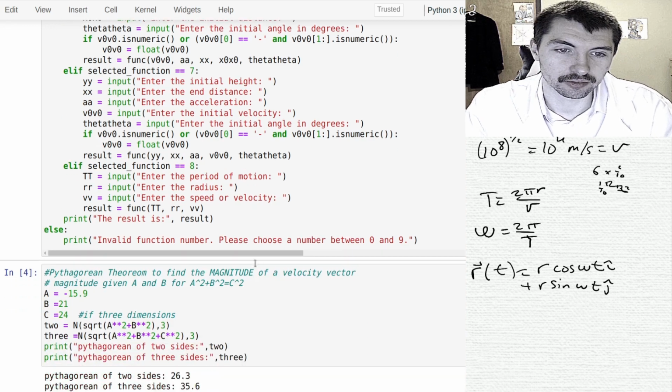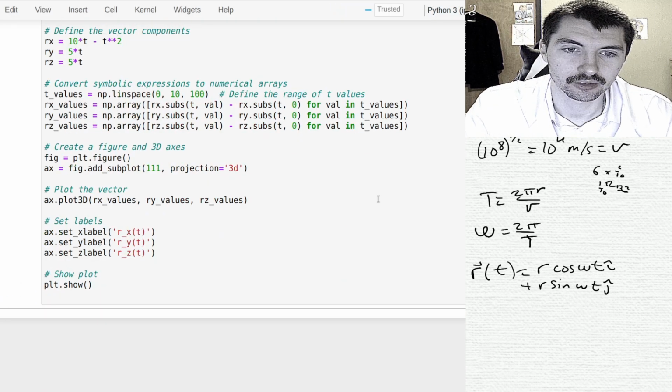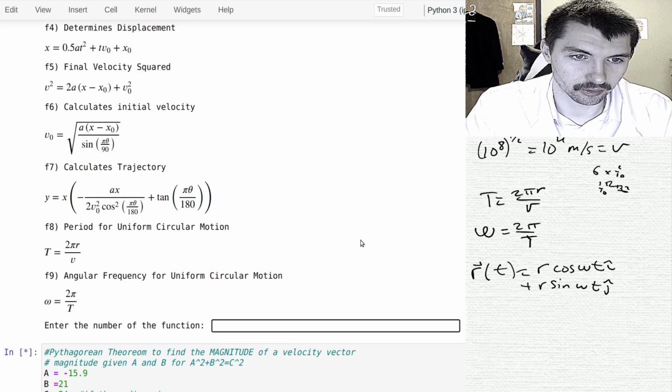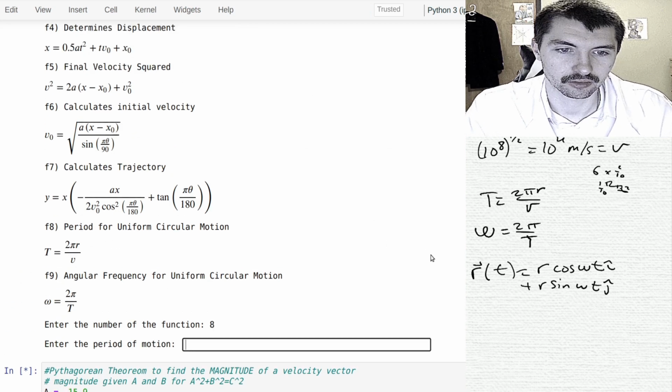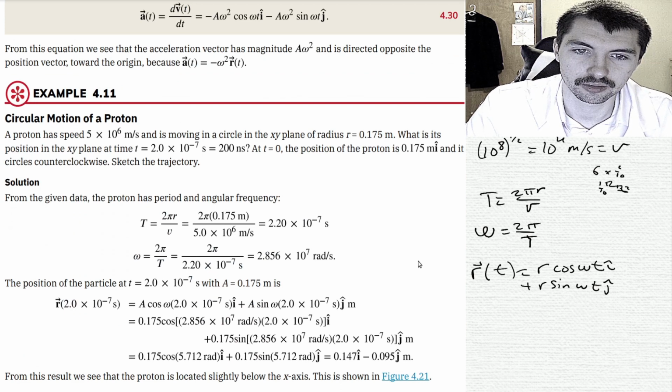Okay. I think we can run it now. So we're using equation 8. So we're solving for t, 0.175.